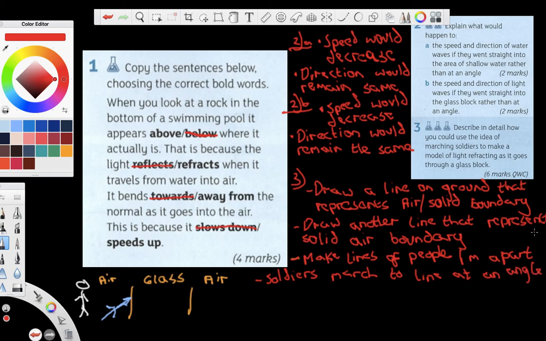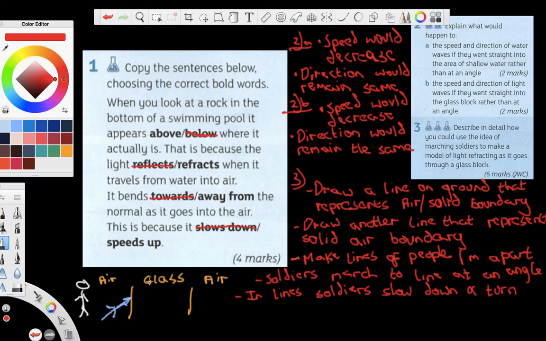Okay? When they pass the line, they would need to slow down. So the people who reach it first slow down and they turn into the glass. So we can put in the glass or in the lines, soldiers slow down and turn.